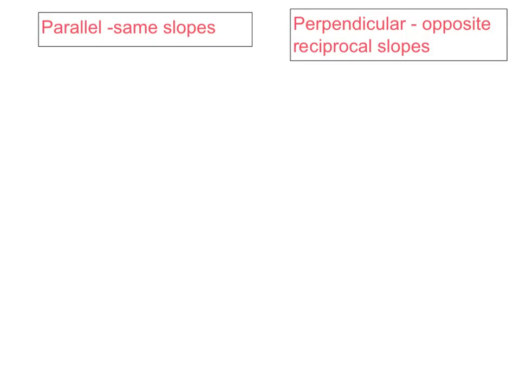Now it's pretty easy when you're talking about horizontal and vertical lines as far as getting that parallel and perpendicular business going, but if it's not, and really most of the time it's not, we have to look at it a different way. So remember that parallel lines means they're never going to intersect, so their slopes are going to have to be the same. It's going to look something like this and like this, two lines that never intersect, and so their slope or their slant is going to have to be the same.